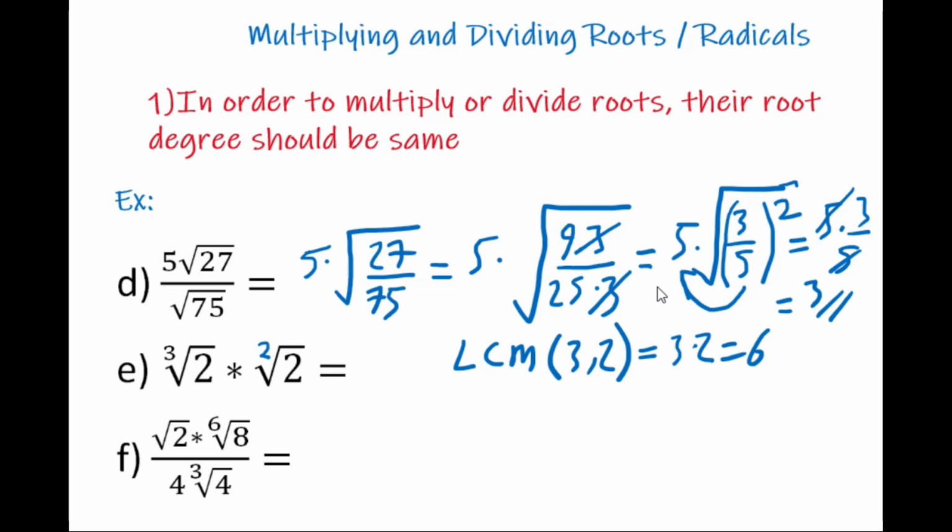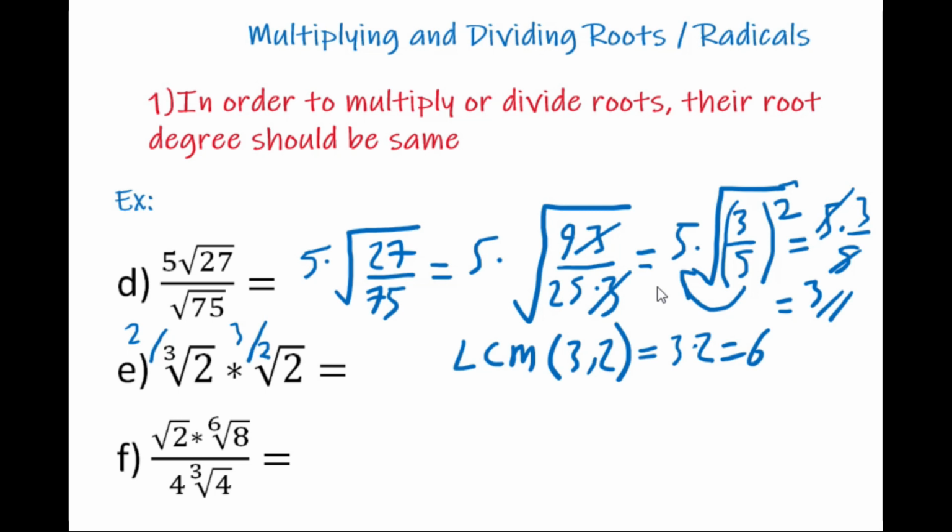Here we need to expand the first radical by 2. Why? Because 2 times 3 is going to be 6. We need to expand the degree of the second root by 3. Why? Because 3 times 2 is going to be 6.